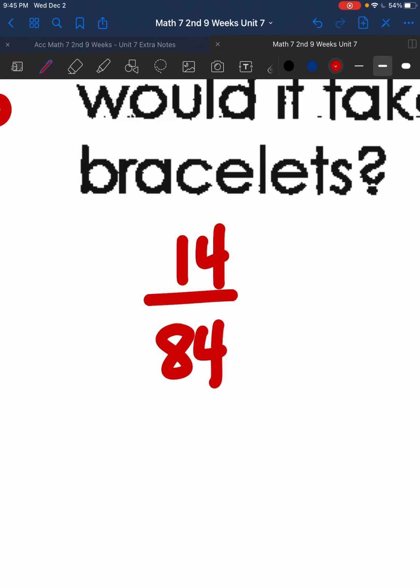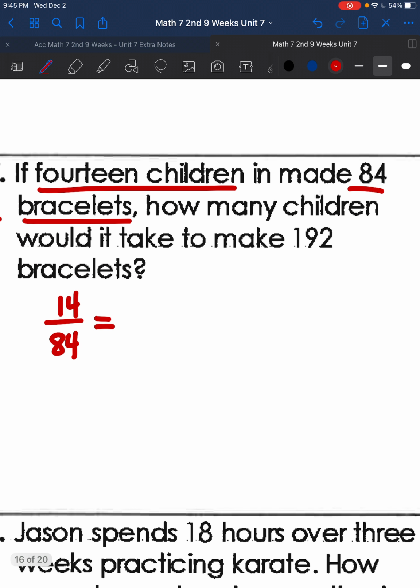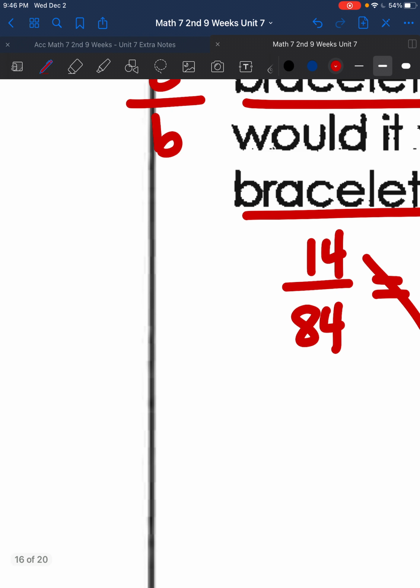So my key is going to be children to bracelets. So 14 children made 84 bracelets. And I'm going to set that equal to another ratio. And I want to know how many children it would take to make 192 bracelets. So remember, bracelets goes on the bottom.